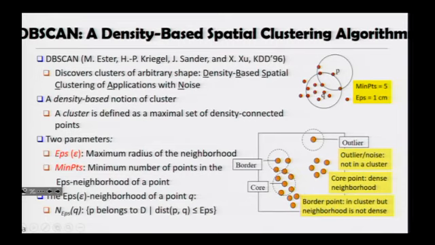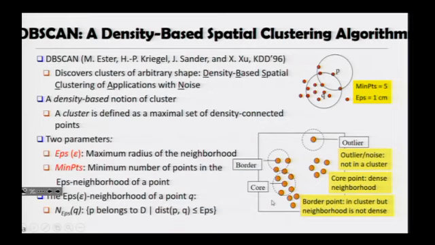As you can see here, a brief idea of how this algorithm works is you pick a random point in the data space, and you ask whether this data point is in a neighborhood that is dense enough.